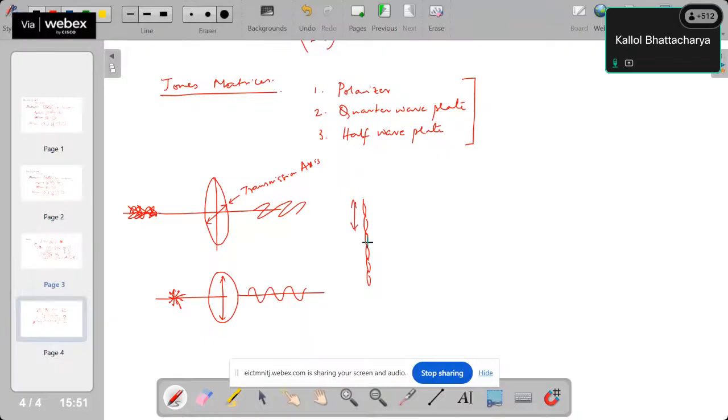Okay, only it cannot vibrate in this direction. So what happens if you have unpolarized light? And also remember that the frequency of vibration, the resonant frequency matches with the frequency of light, which means all vibrations in the direction of these long chain molecules where the material can vibrate, where the long chains can vibrate, they are being absorbed.